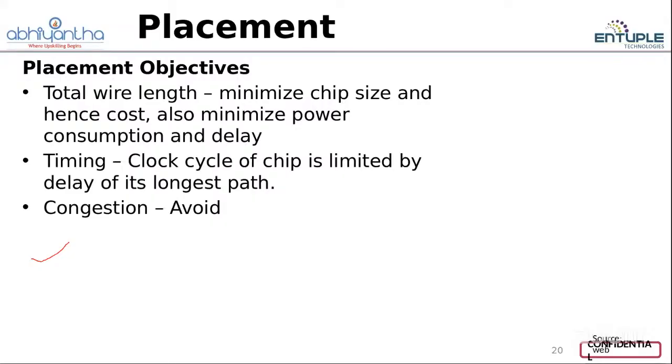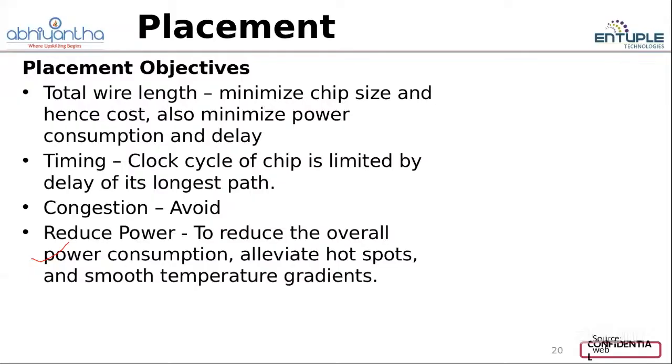So then the main thing is to avoid congestion. Once the congestion analysis is done, then we go for the reduction of power. So how much power you can reduce, we are focusing on this reduction in the power.